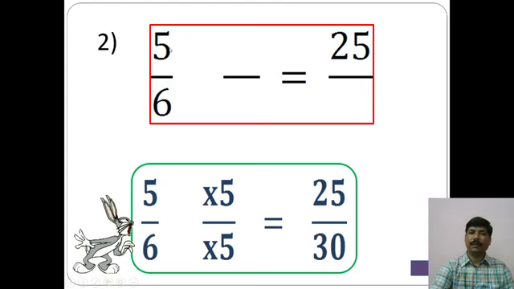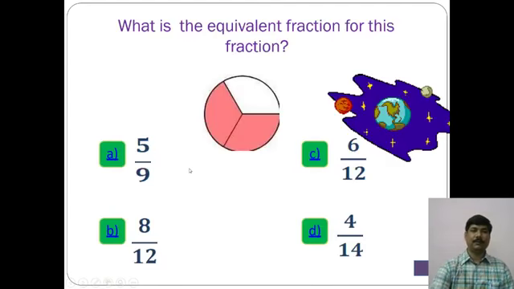If we multiply this 5 by 5, we will get 25. So 6 must be multiplied by that same number. It means 6 multiplied by 5. In this way, you will get the product 30. So the new fraction will be 5 multiplied by 5, 25, and 6 multiplied by 5, 30. The new fraction will be 25 by 30. In this way, 25 upon 30 will be the equivalent fraction of 5 upon 6.